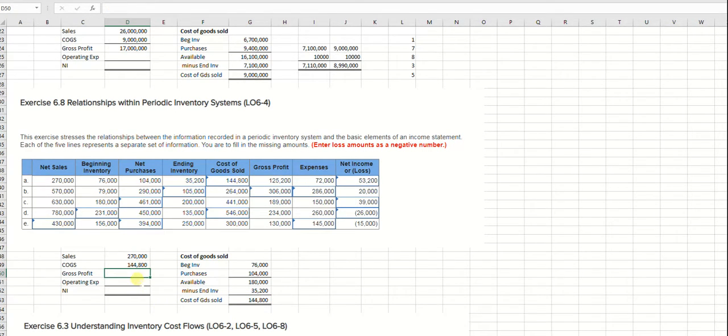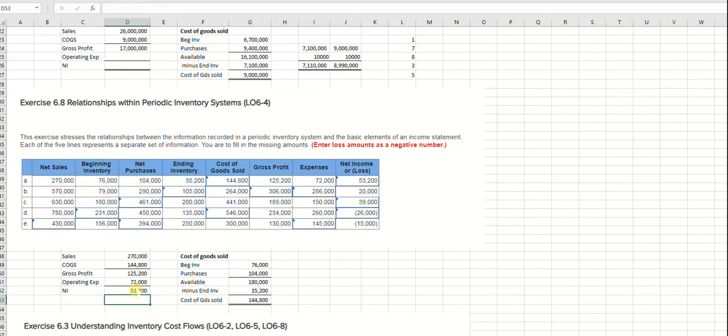So I know that sales minus cost of goods sold is gross profit. They also give me my expenses of $72,000. So now I can back into net income. Oops. And now my unknowns were cost of goods sold. Yep, I have 144.8, and my net income was 53.2.